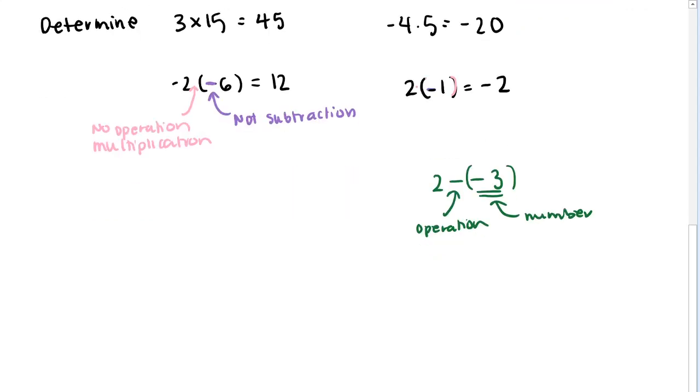We might see that also with multiplication if we have 2 times negative 3. This seems confusing, as they could be confused as operation symbols here. So we wrap this second quantity in parentheses to make sure that it's clear that this symbol is there to tell us that this is a negative number, not subtraction.